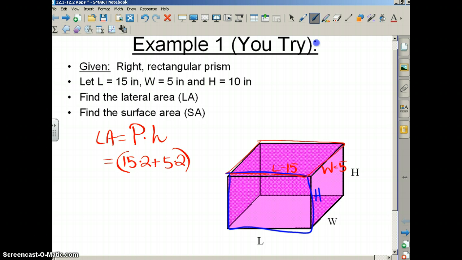There's our perimeter of the base, and then we multiply it by the height. We're taking the height of the prism, and the height of the prism is 10. So the perimeter is 40, the height is 10. So we have a lateral area of 400 square inches.